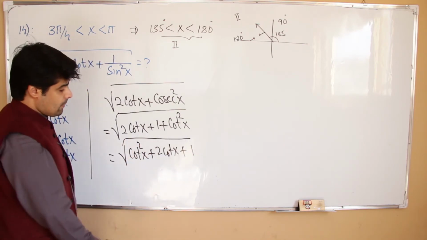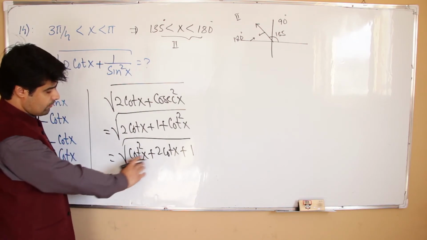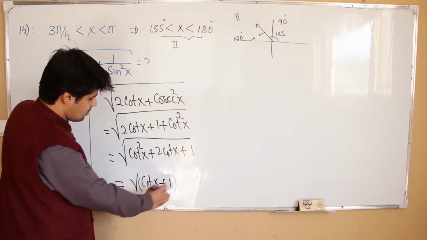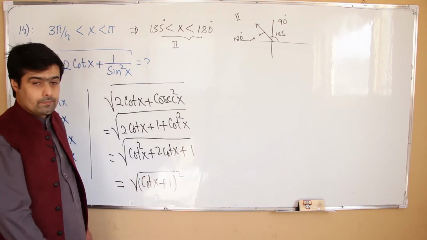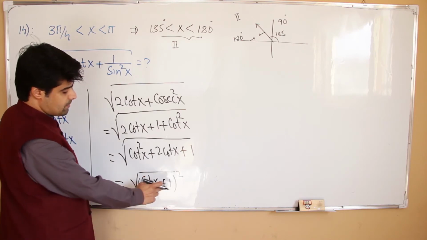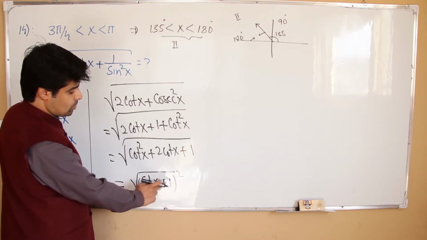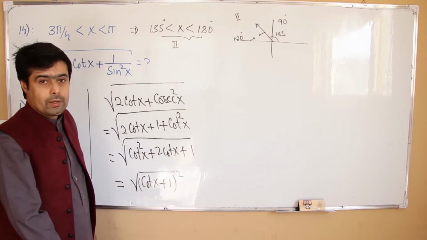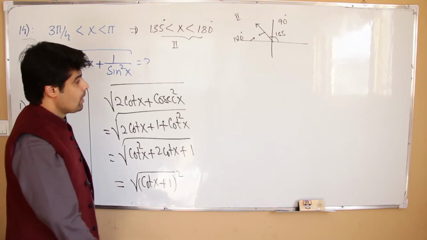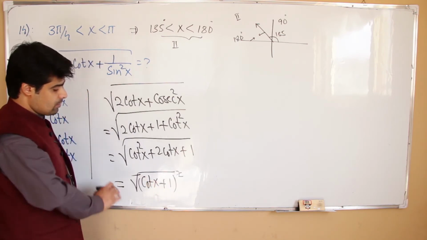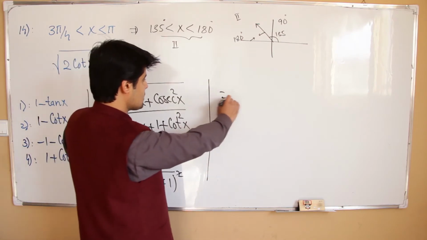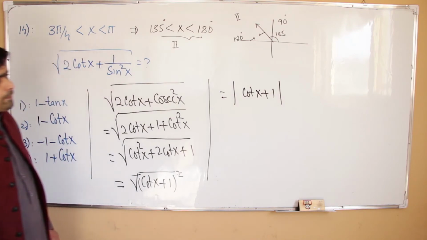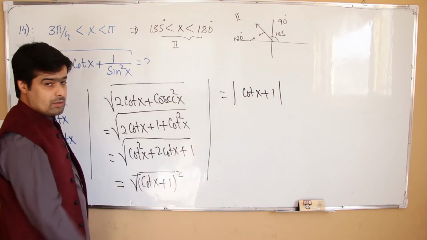Can I write? Yes. The factor of this one is (cotangent x plus 1) whole square. If you want to expand this one, cotangent square, 2 cotangent x times 1 is 2 cotangent, and 1 square is 1. This statement and this statement are the same.